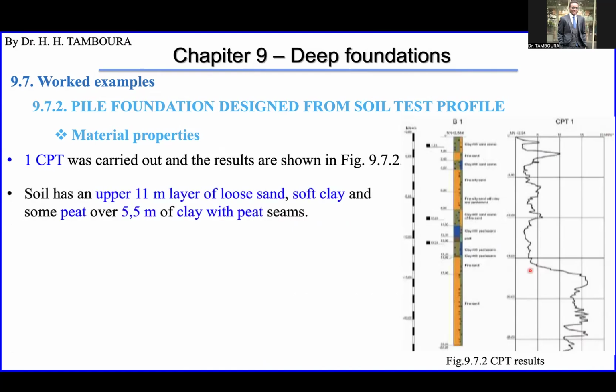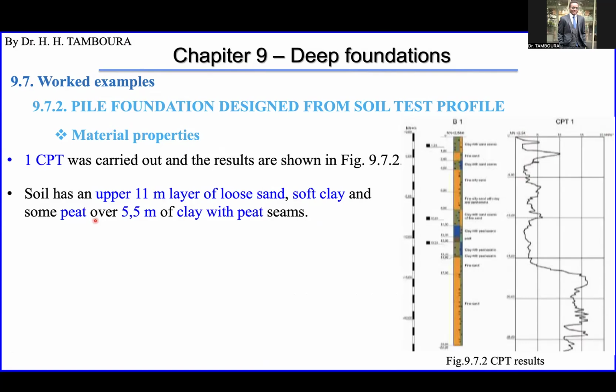So it is saying that in the upper soil layer, from 0 to here, about 11 meters, you have loose sand, soft clay, and some peat.